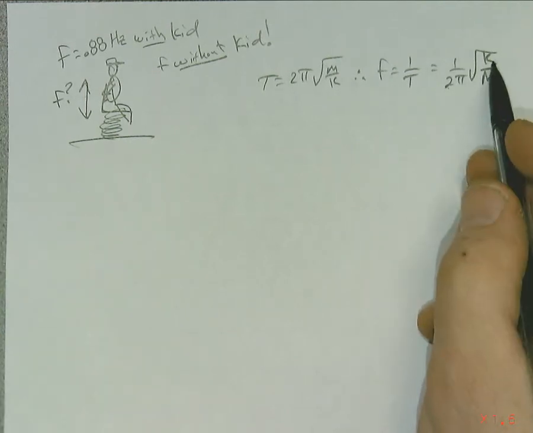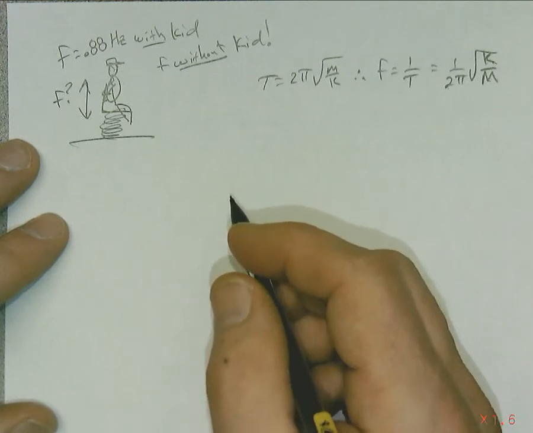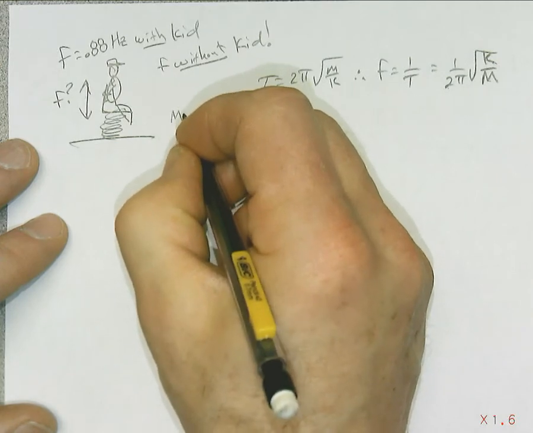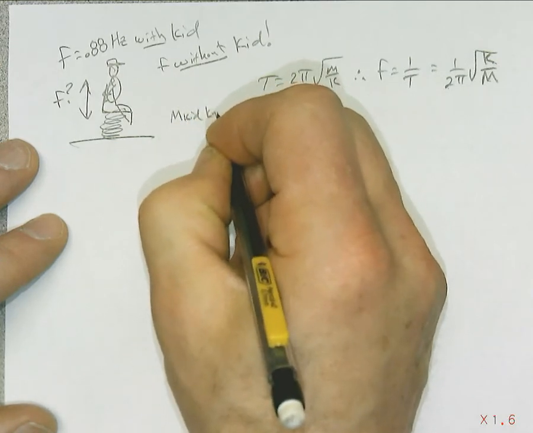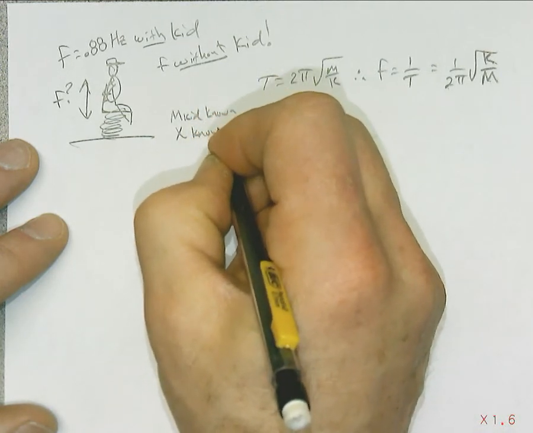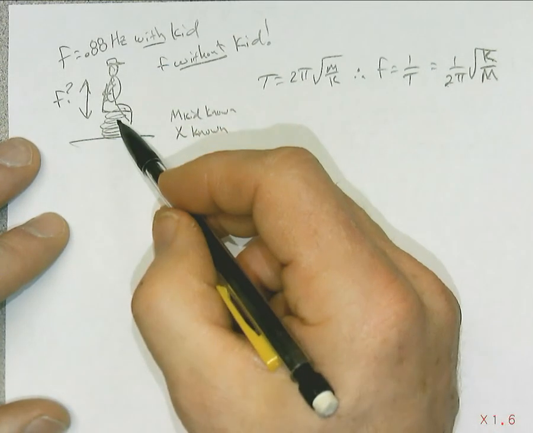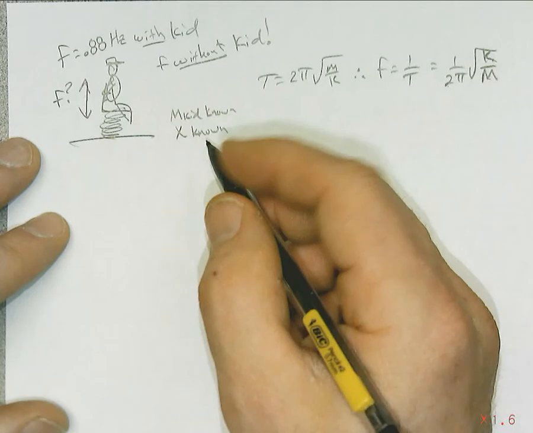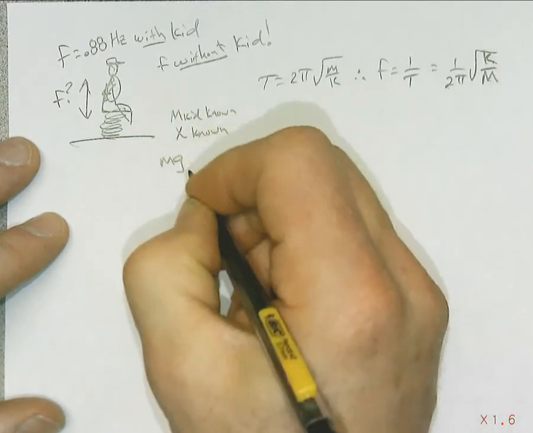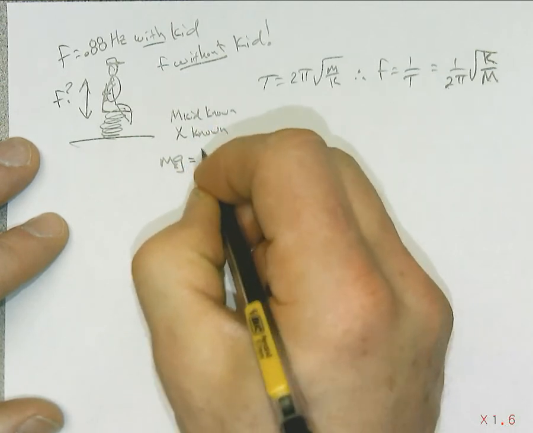Well, we can figure out what k is because we are given the mass of the kid, and x is known as well. If we know how much it compresses when the kid is on it, then we know that the weight of the kid, m_kid times g, is equal to k times x.